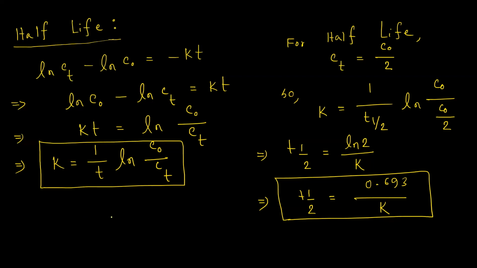So if we plot a curve T half versus concentration, as T half is independent of initial concentration, we will find a straight line parallel to x-axis.